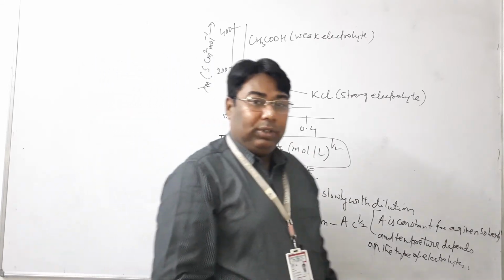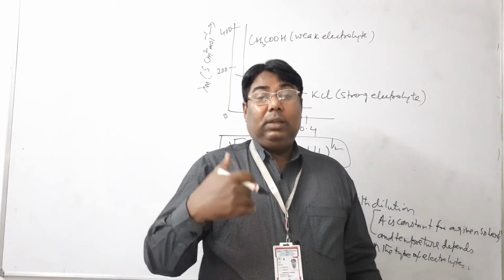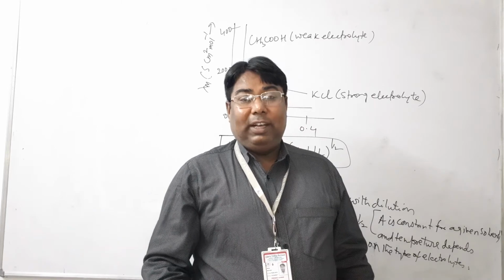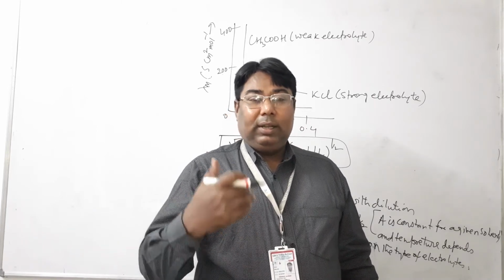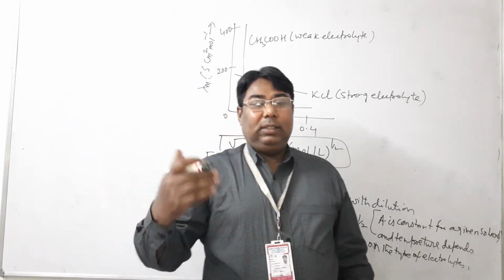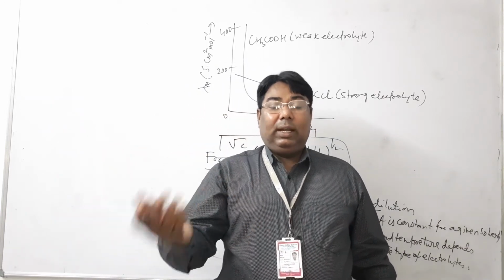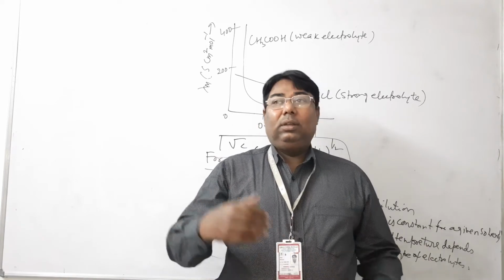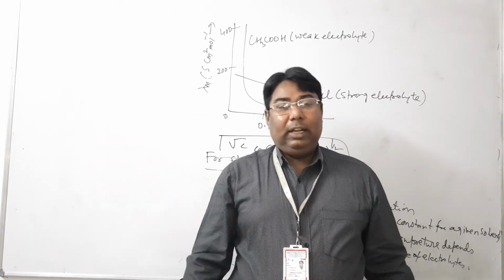So hoping that all of you understand how conductivity and molar conductivity vary with concentration. Conductivity increases with increase in concentration and decreases with decrease in concentration. That means conductivity depends upon concentration in a direct manner.